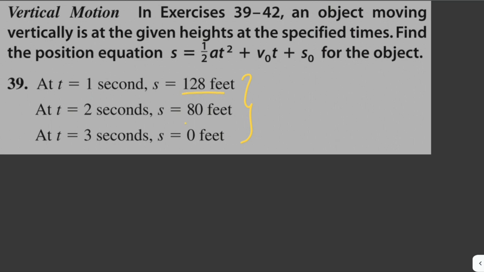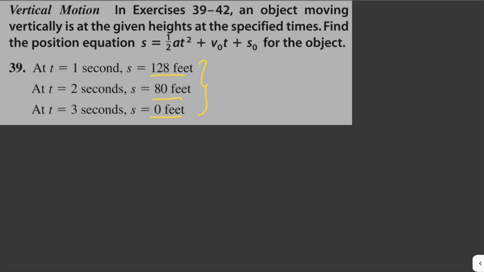So we're given different heights at different times. At t equals 1 second, the height is 128 feet. At t equals 2 seconds, the height is 80 feet. And at t equals 3 seconds, the height is 0 feet.